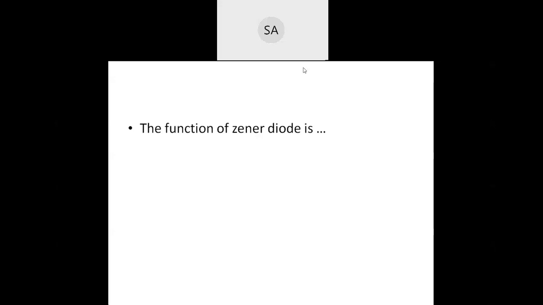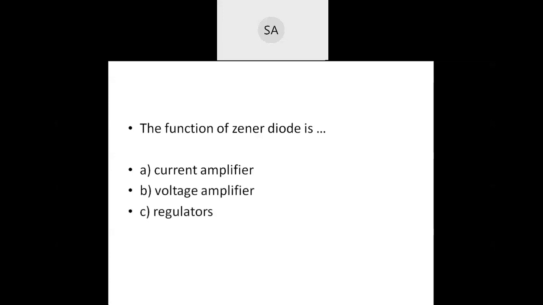Compared to the normal diode, the Zener diode can operate in reverse voltage also. So the function of the Zener diode is, is it a current amplifier? The Zener diode cannot be used for amplification, and voltage amplification is also not possible, but it can be used as a regulator.